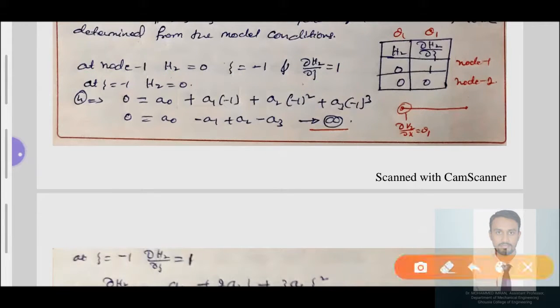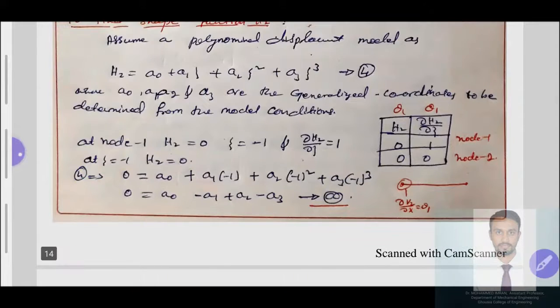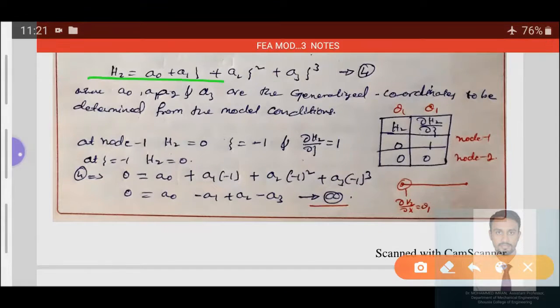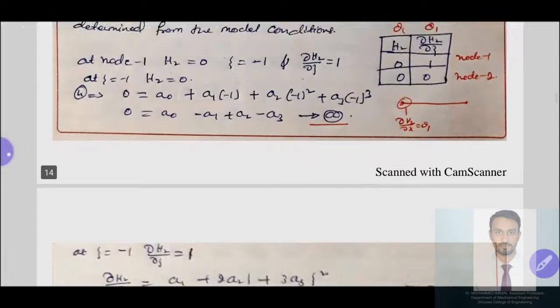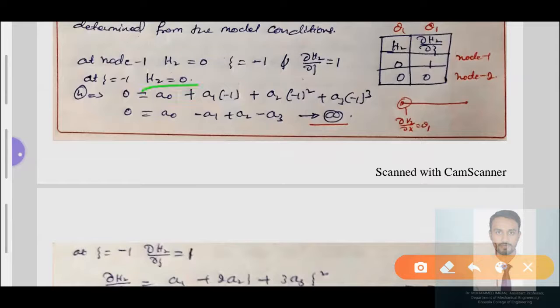I'll take the first condition. Zeta is equal to minus 1, h2 is equal to 0. Then equation number 4 becomes, I'm not taking equation number 3, it is equation number 4 I am taking to find out the Hermite shape function at node number 1 with respect to the rotation. Then h2 becomes 0, so 0 equals A0 plus A1 zeta, where zeta becomes minus 1, plus A2 zeta square, minus 1 whole square, plus A3 zeta cube, minus 1 cube.